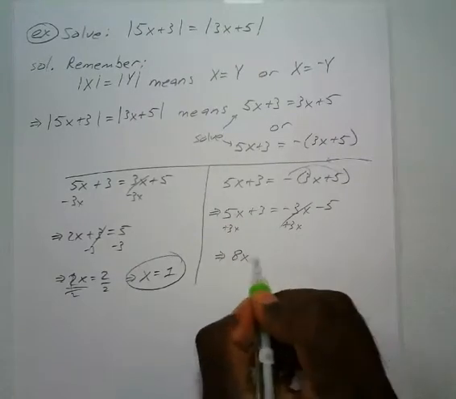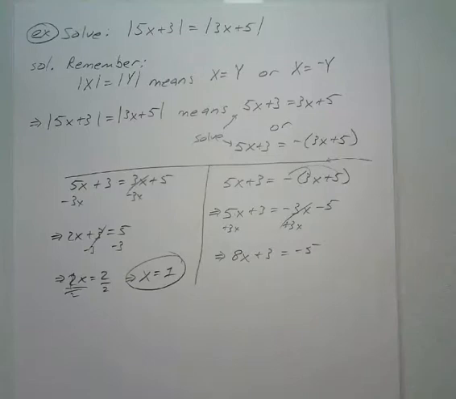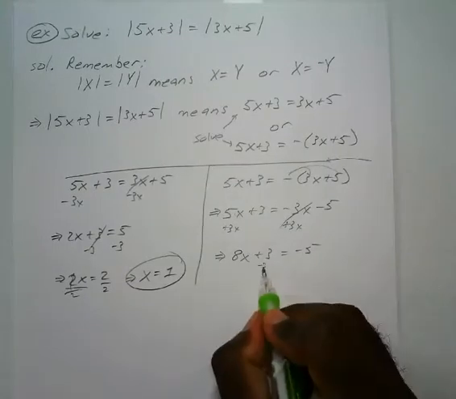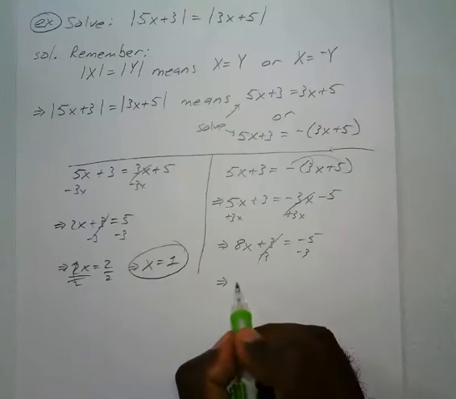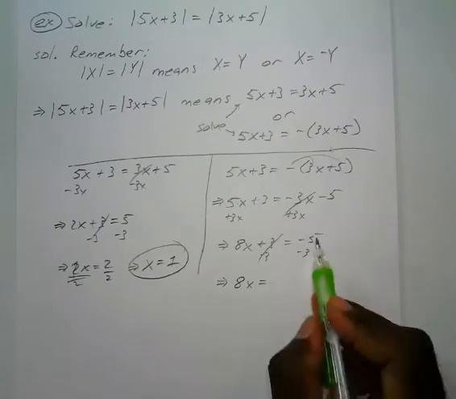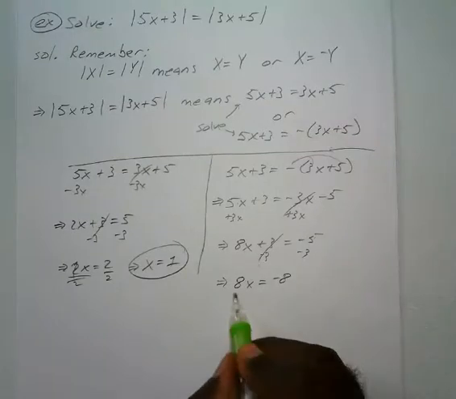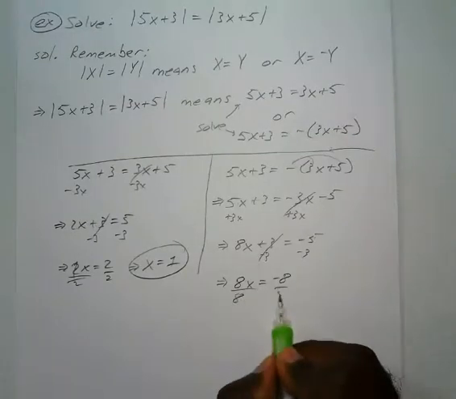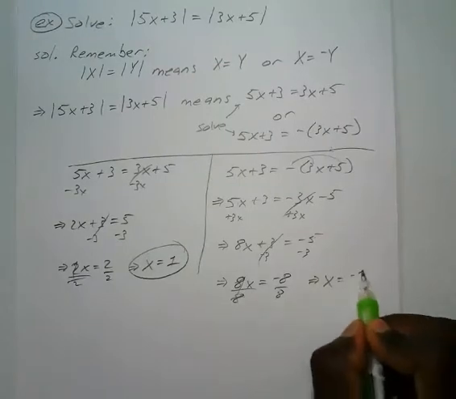So we have 8x plus 3 equals negative 5. So we subtract 3 from both sides. That gives us 8x equals negative 5 minus 3, which is negative 8. So if we divide both sides by 8, we have x equals negative 1.